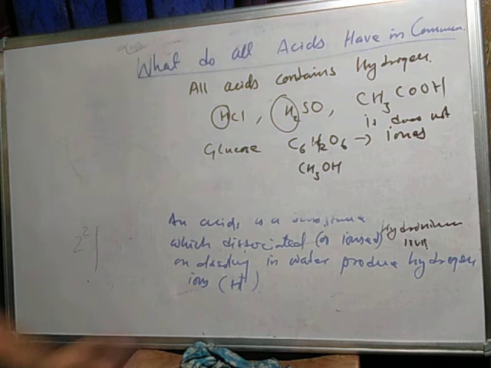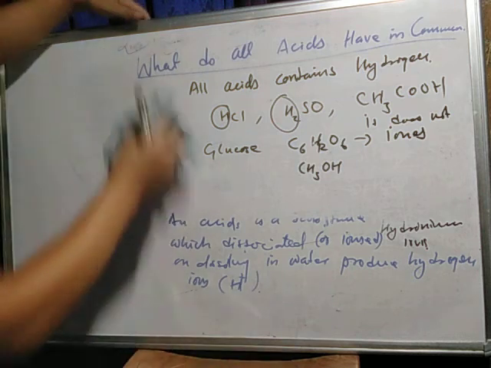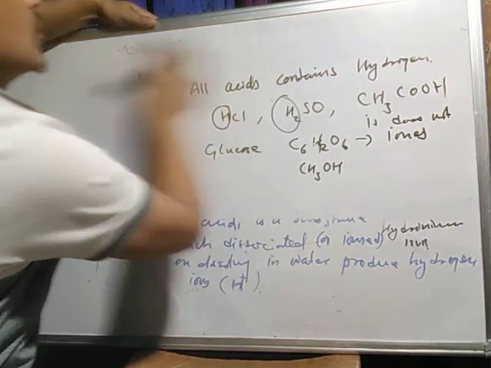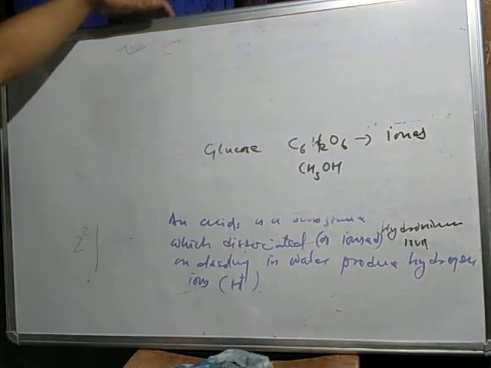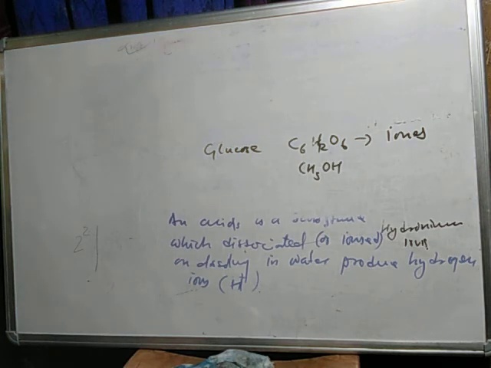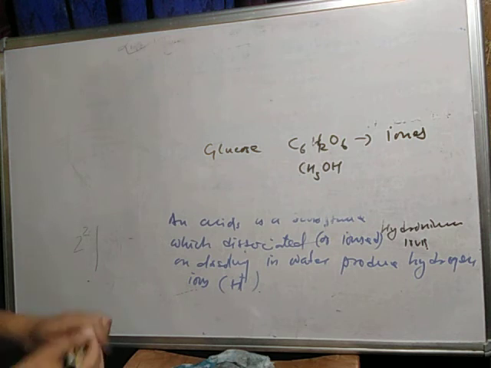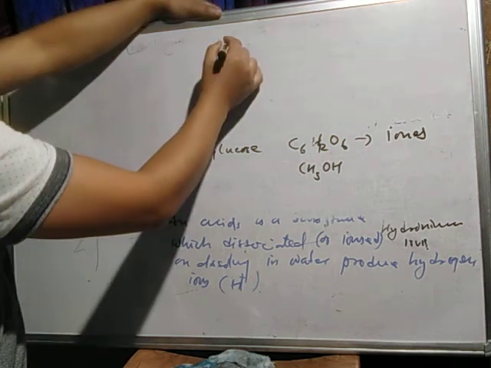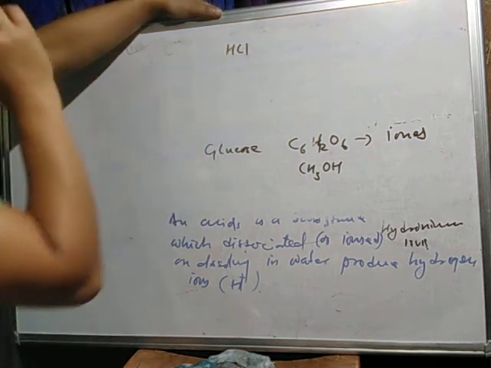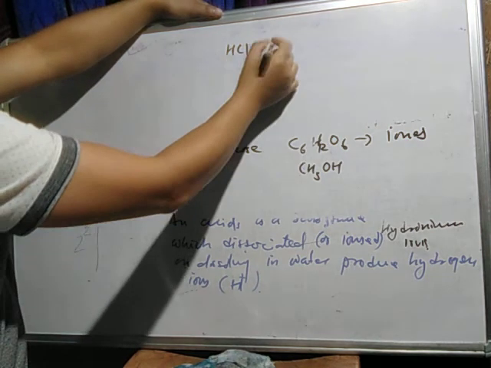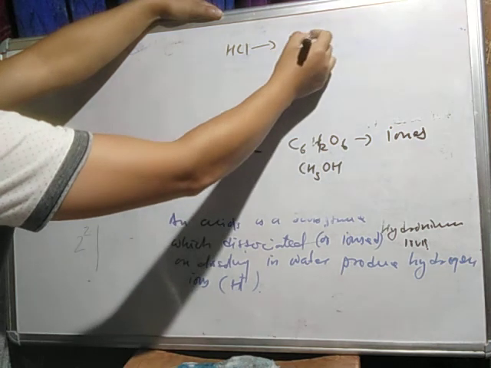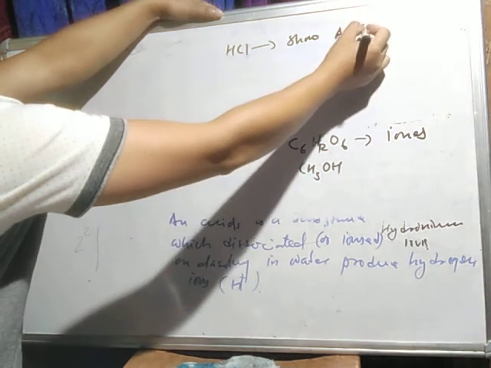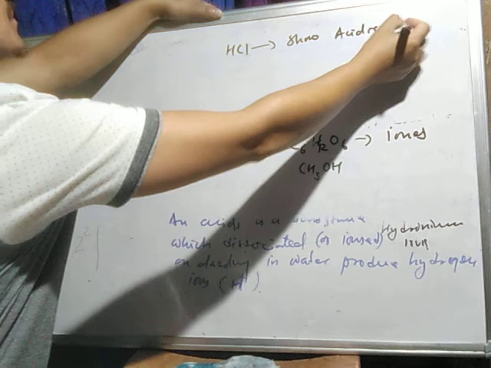So next, acids do not show acidic behavior in the absence of water. See, if I have HCl as an acid, then if you take it as it is, it won't show acidic behavior.